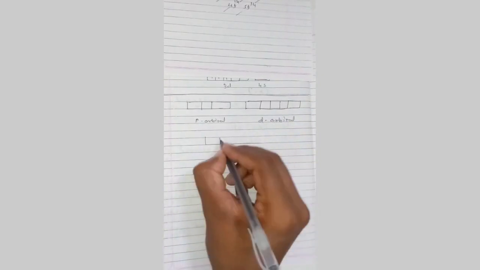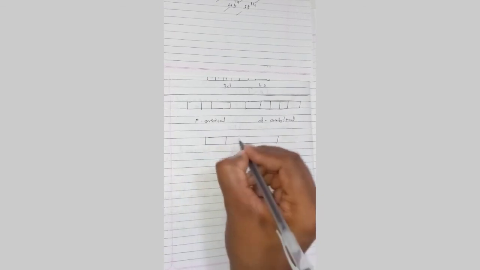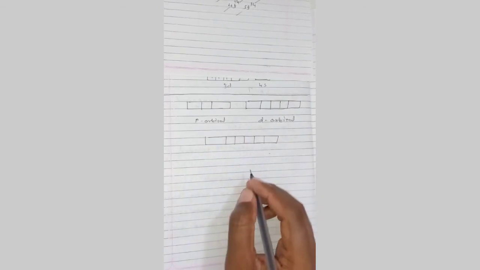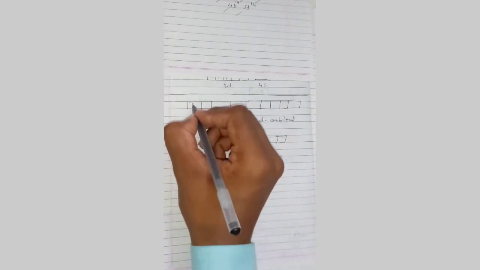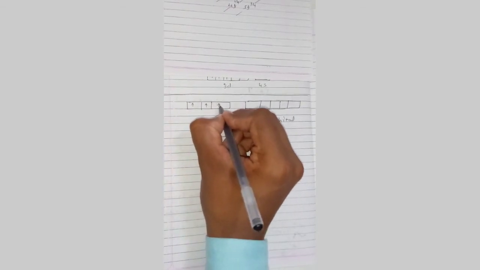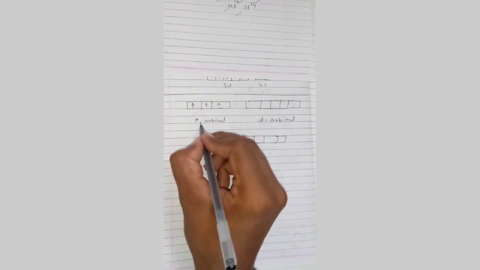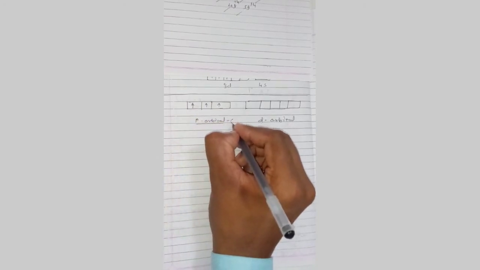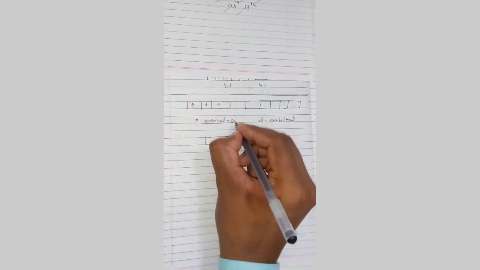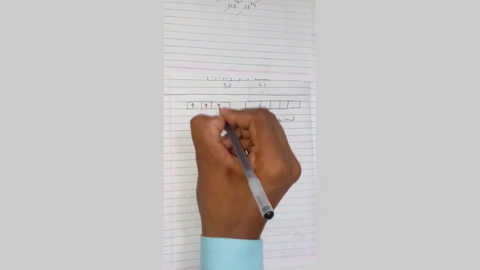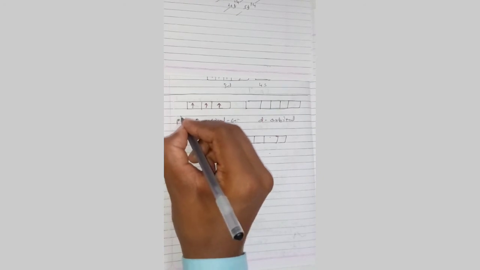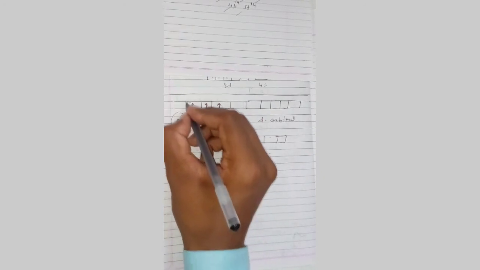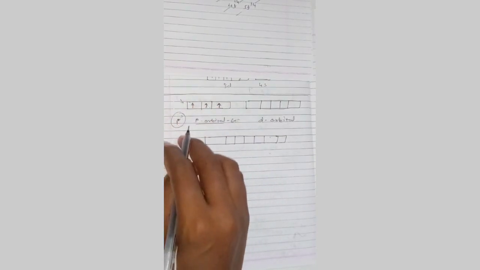A p orbital has a maximum of 6 electrons. In this kind of condition, where the total number of electrons in p is 3, it is said to be a half filled orbital.